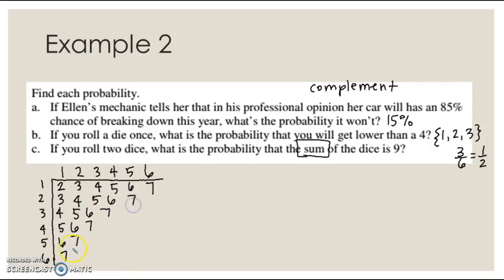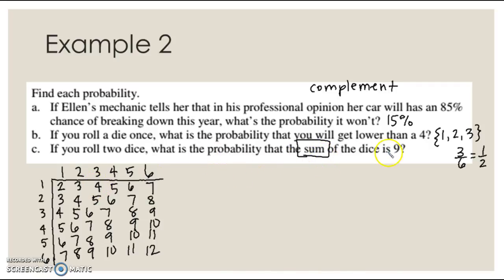And then an 8, and then 9s, 10, 11, and 12. 6 plus 6. Okay, so this table is going to be the same whenever we do it for the sum of the dice.